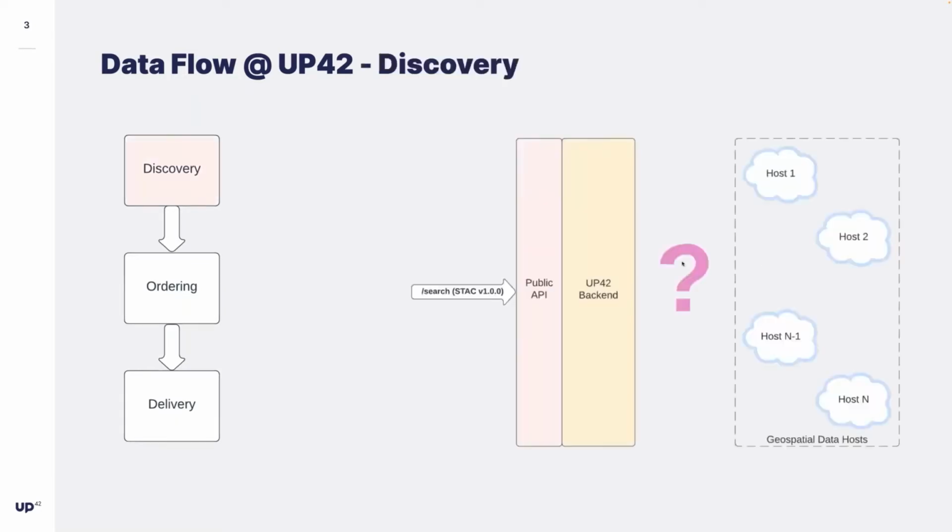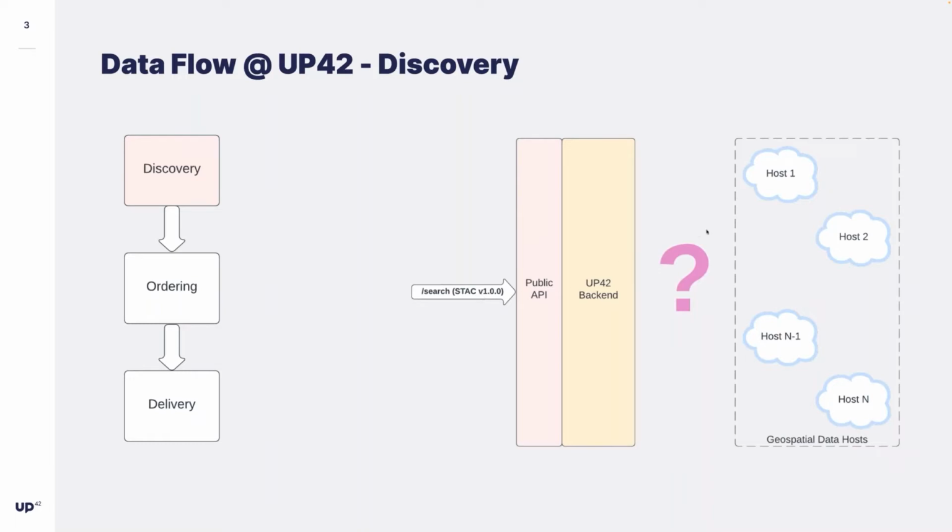To frame it a bit, let's assume we have a backend system that has a public API to search over geospatial data over archives. This search API could be compatible with STAC. Why not? Because STAC is a mature and sophisticated standard, and it also meets all our needs.